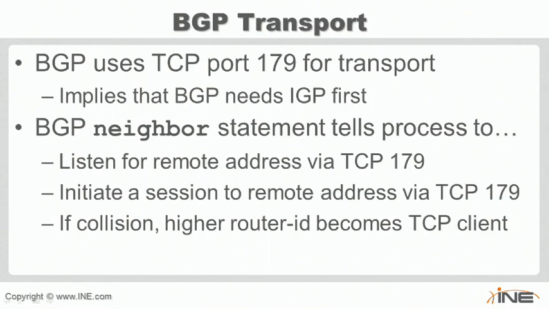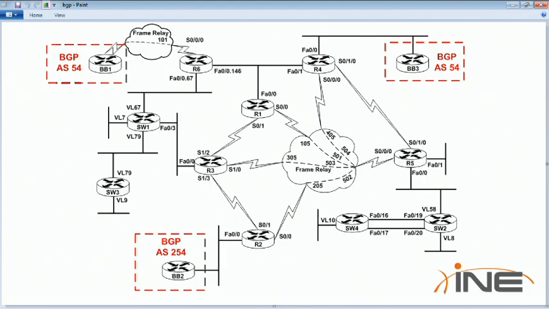So let's take a look at our topology here, where internal to the network right now I have everyone running IGP, where EIGRP AS100 is running on all of the transit links and advertising their loopback interfaces into the topology.